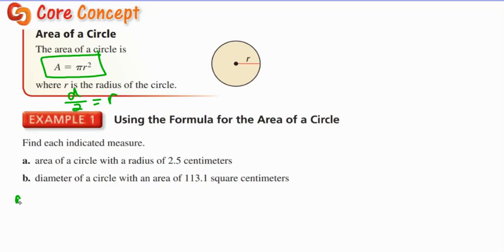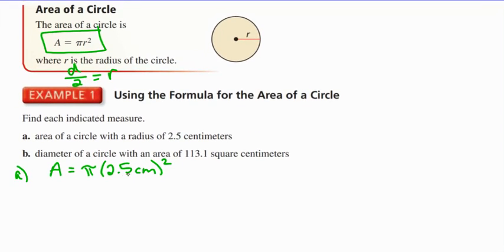For A, we want to find the area. If we know the radius is 2.5, that's going to be area equals pi times 2.5 centimeters squared. Squaring a number means multiply it by itself, so area equals pi times 2.5 centimeters times 2.5 centimeters. The reason I did that is to emphasize the units. When you multiply centimeters times centimeters, that turns into centimeters squared.